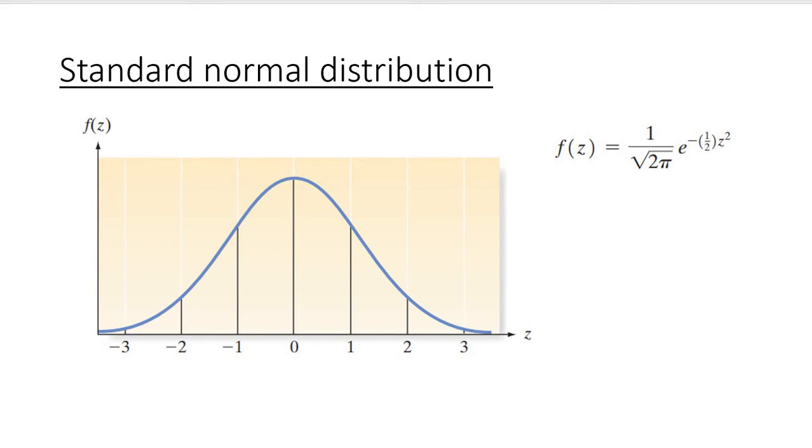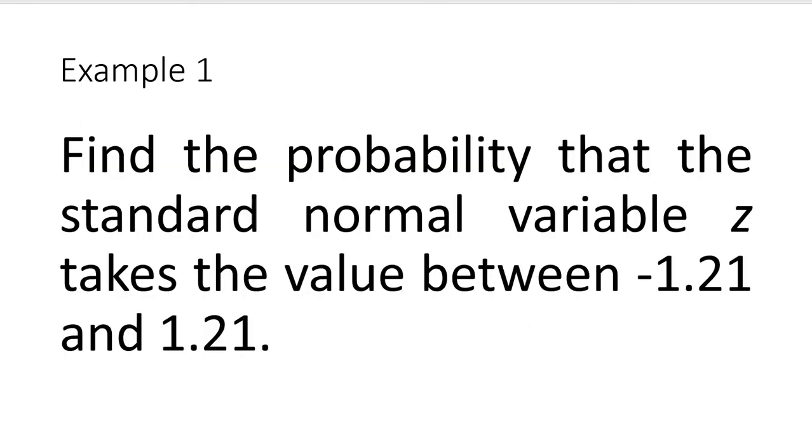So as I mentioned before, we typically use standard normal distribution in order to detect probability that certain value falls within certain range. For instance, let's consider the following example.